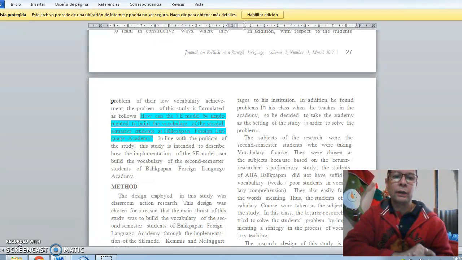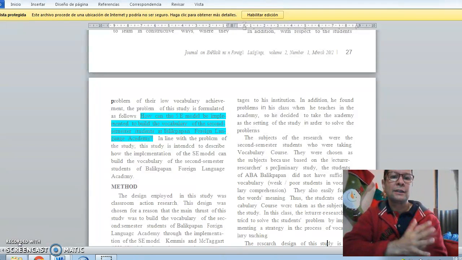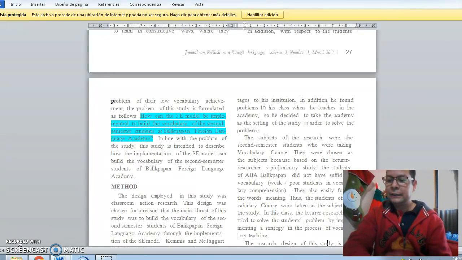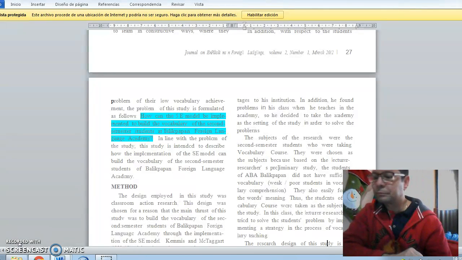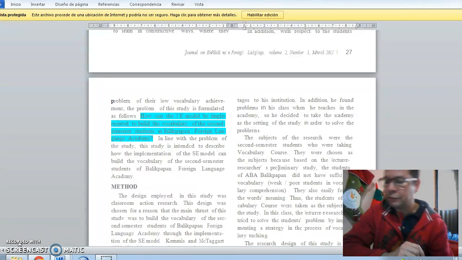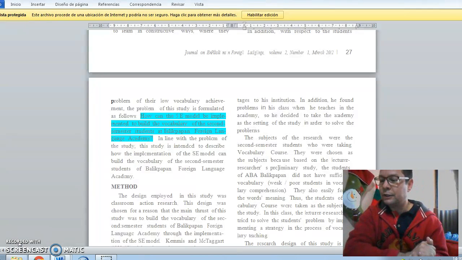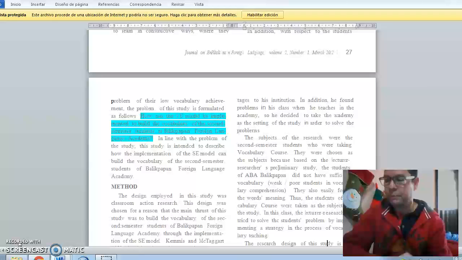And how can the 5E model be implemented to build the vocabulary of the second semester students at Balikpapan Foreign Language Academy? This is the first sign that it is a qualitative research, because a characteristic of this type of research is that the researchers get personally involved with the research participants.